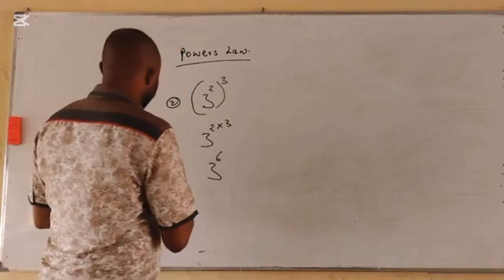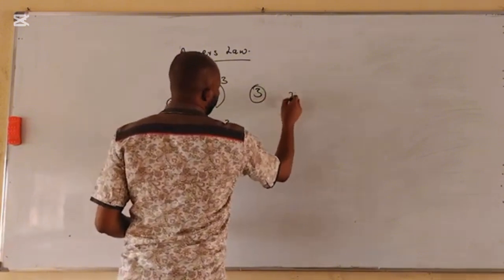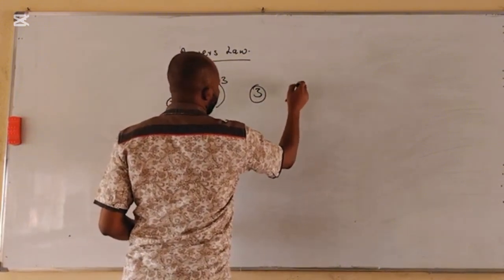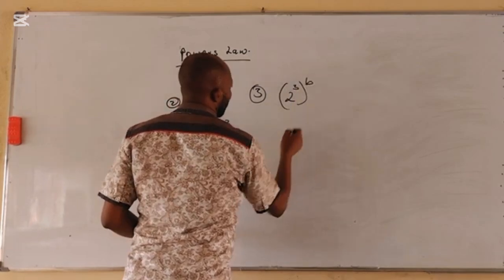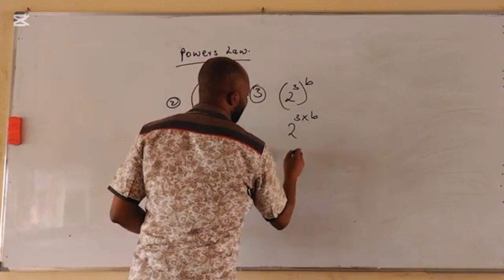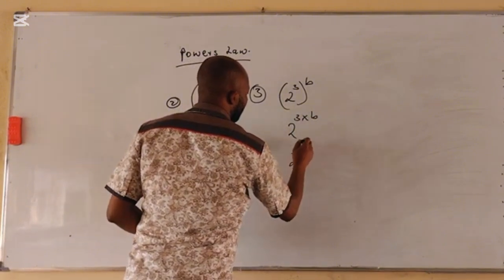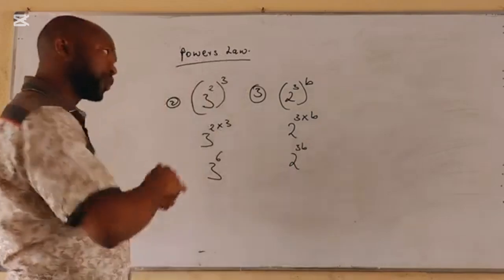Okay, let's take another example here. 2 raised to the power 3, raised to the power b. This is 2 raised to the power 3 times b, which is 2 raised to the power 3b. So that is our answer, and so on and so forth.